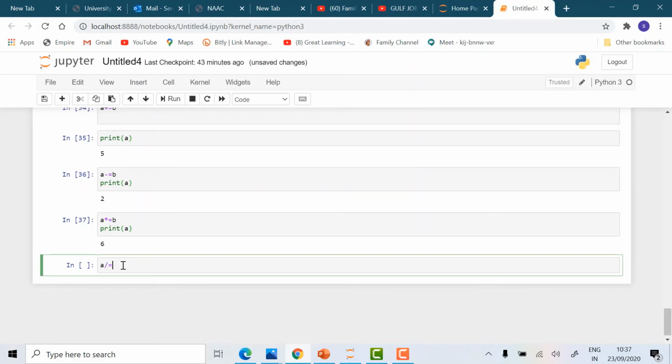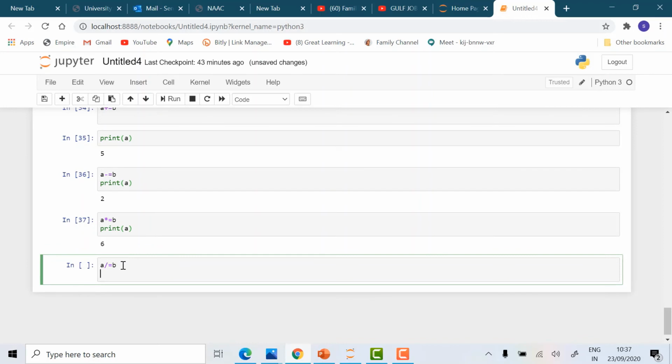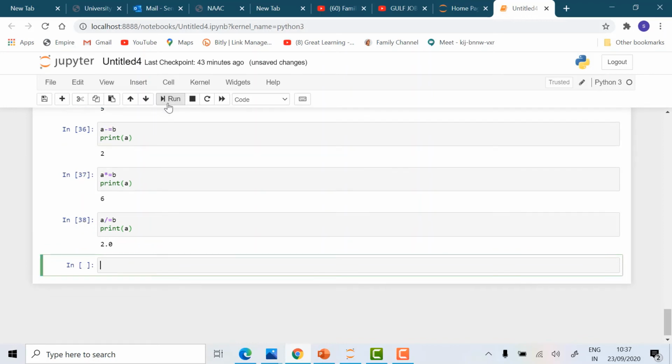Then what else do we have? A slash equal to B, print A, it will give the quotient as the answer. 2 is the quotient.